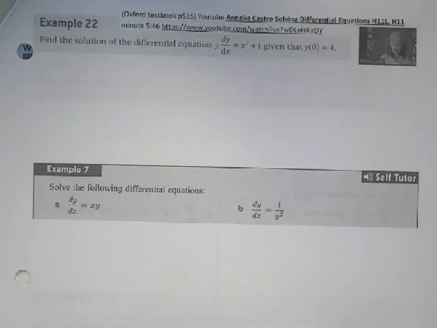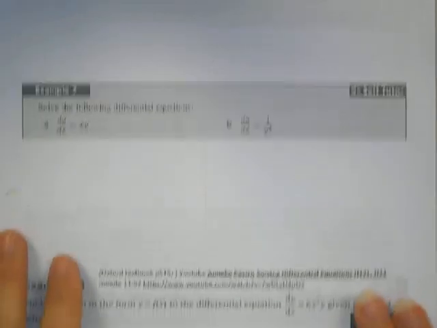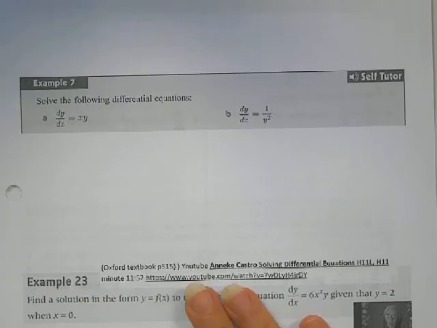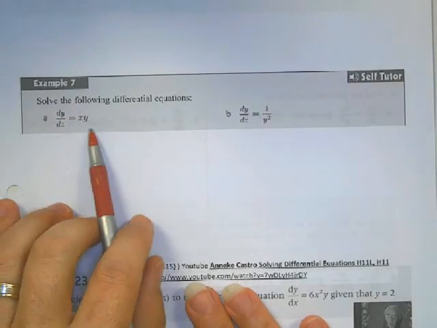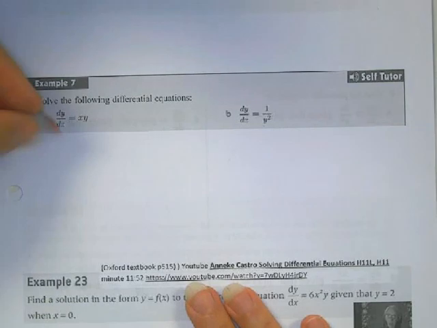Okay, I'm going to do example 7 here. Since this is separable, we want to bring the y over here. So I'm going to divide both sides by y and multiply both sides by dx.